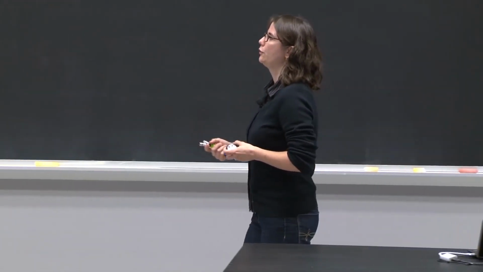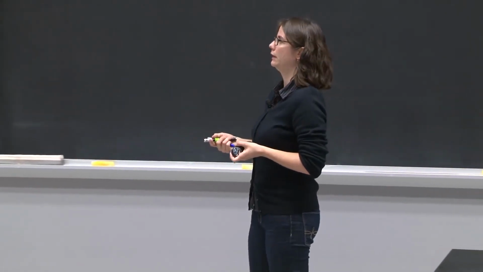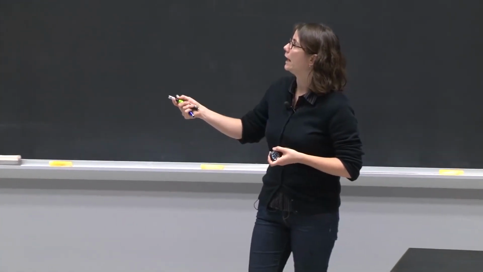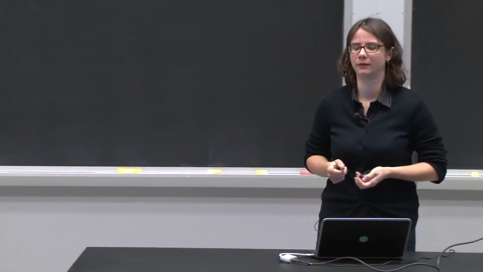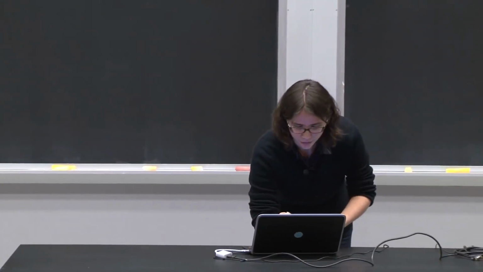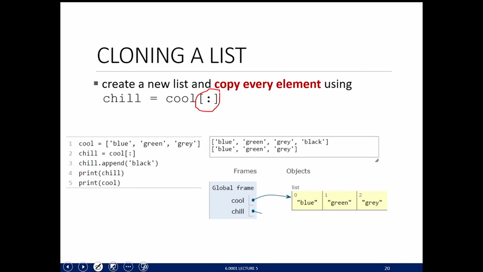If you want to create an entirely new copy of the list, then you can clone it, which sounds really cool, but really it's just making a copy of the list. You clone it using this little notation here, which is open close square brackets with a colon. We've seen this notation before, and this tells Python this is 0, and this is length.